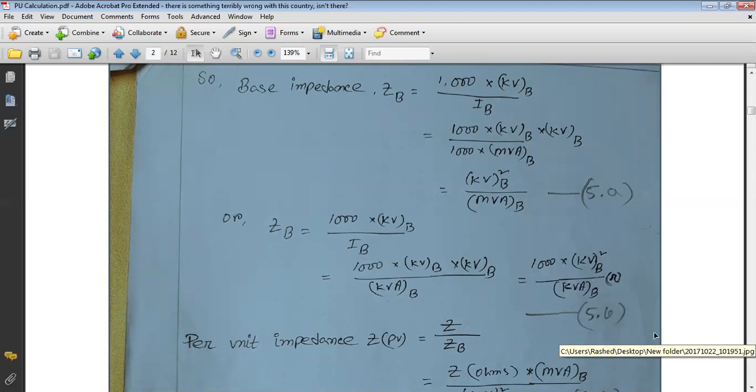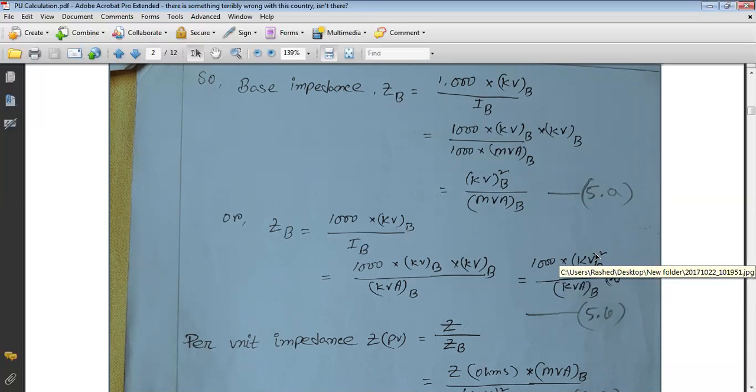We know the base value of impedance should be the voltage square divided by power. Voltage square is kilovolt square, divided by power, which is kilovolt ampere. So why does this 1000 come here?